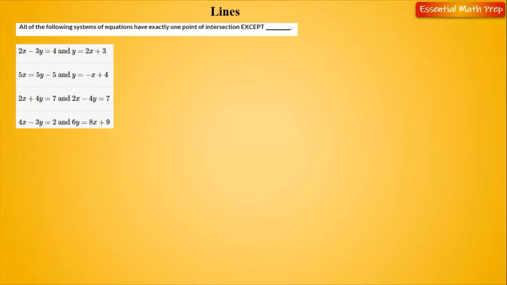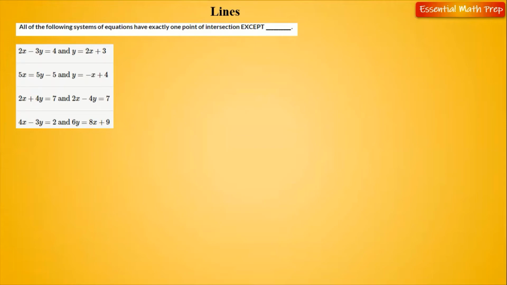Parallel lines generally have multiple points of intersection. Perpendicular lines have only one point of intersection. So if you figure out which two equations within a pair have identical slope, then that is the correct answer, because parallel lines have multiple points of intersection. The question is asking for one point of intersection.